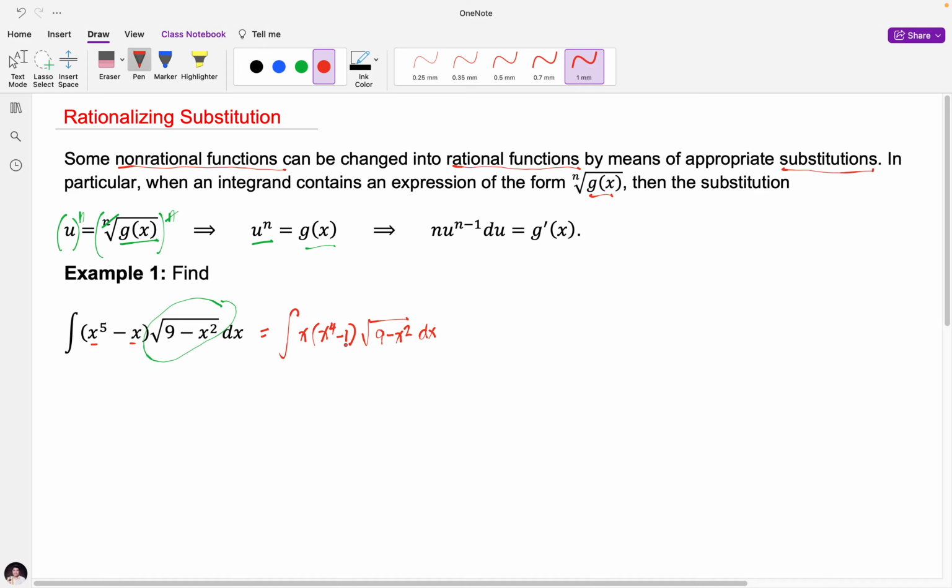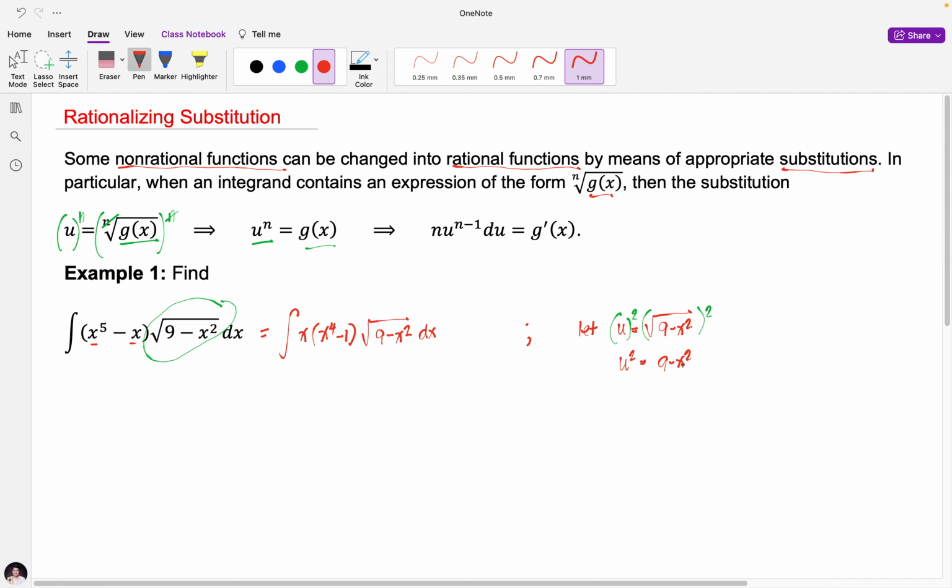So we will now start our u substitution here. So in this case, we let u be equal to the square root of 9 minus x squared. Okay? So from that, if we will let everything raised to 2, so that we will eliminate the radical sign, this will now be equal to u squared equal to 9 minus x squared na lang.